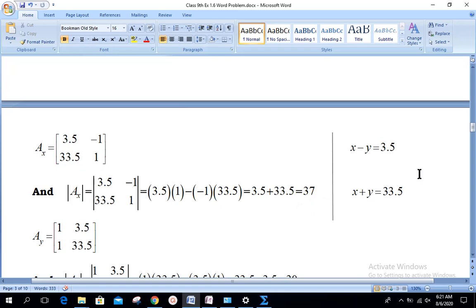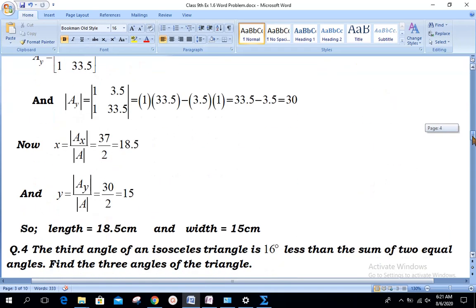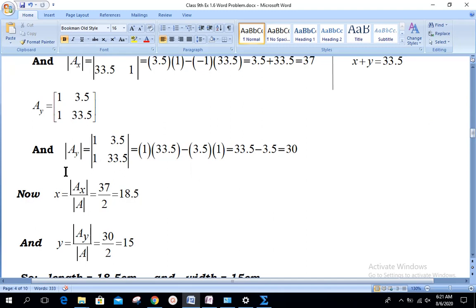Now we calculate determinant AY on the same pattern. Order of determinant: principal diagonal entries first multiply, in between minus, then secondary diagonal entries multiply, you will have answer 30. Formula, you know, x is equal to AX determinant over A determinant, and y is equal to AY determinant over A determinant.